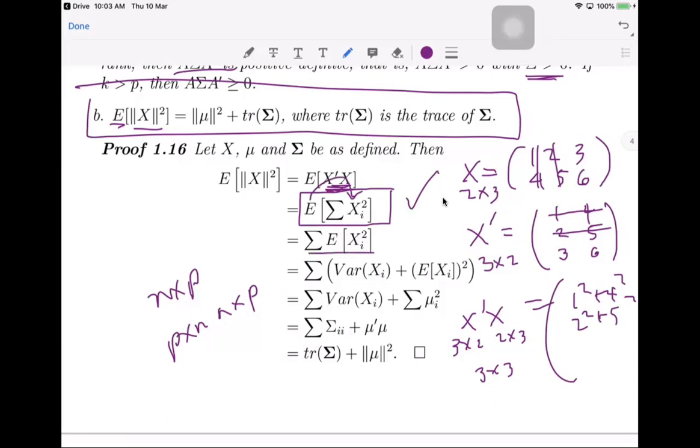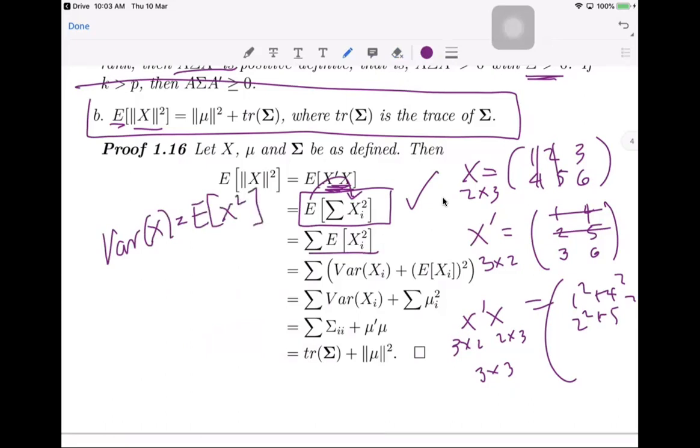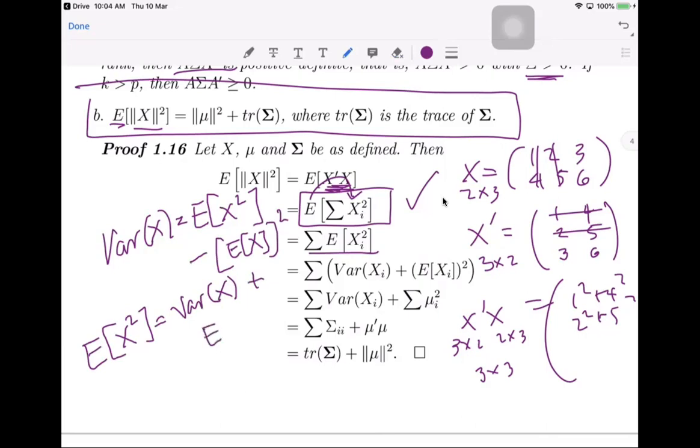And then by linearity of expectations, you have that. If you recall in your univariate case, the variance of x can be computationally derived as the expectation of x squared minus the expectation of x quantity squared, which means the expectation of x squared is equal to the variance of x plus the expectation of x quantity squared.